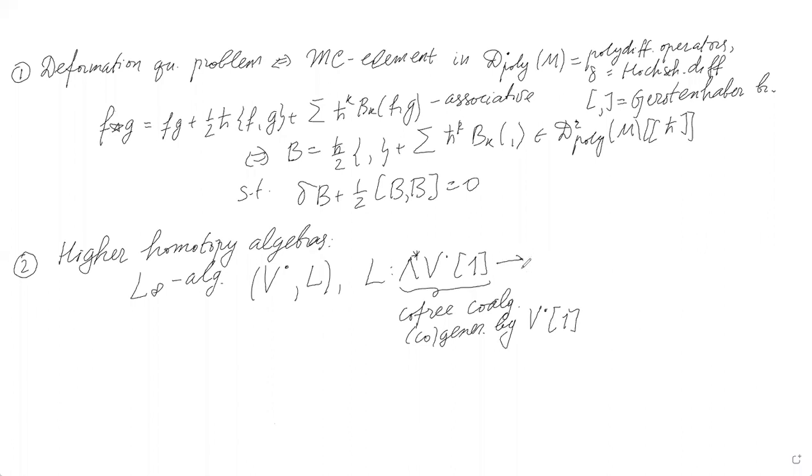So this map should be from Lambda star of V to Lambda star of V[1]. And the only condition we have is that first L is, actually there are two conditions. So the first one I already spoke about. It is that L is a co-derivation of the coalgebra.